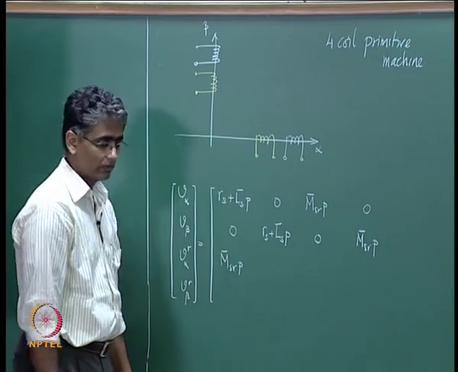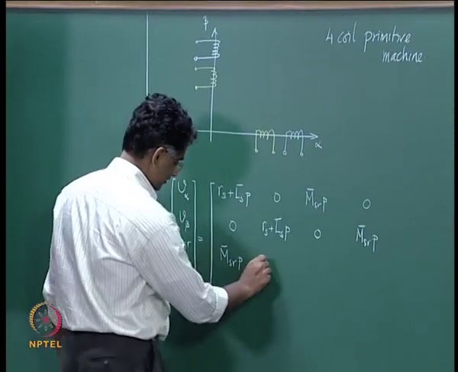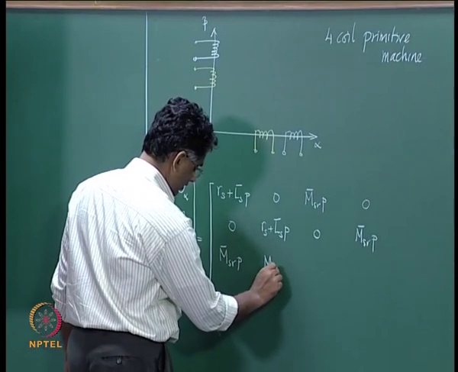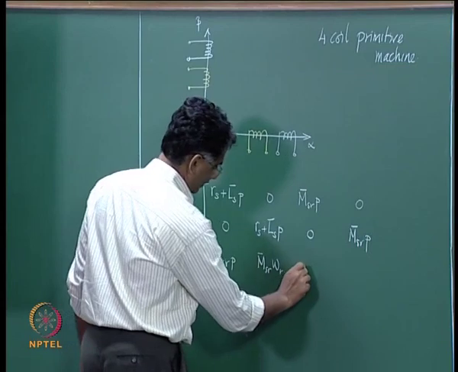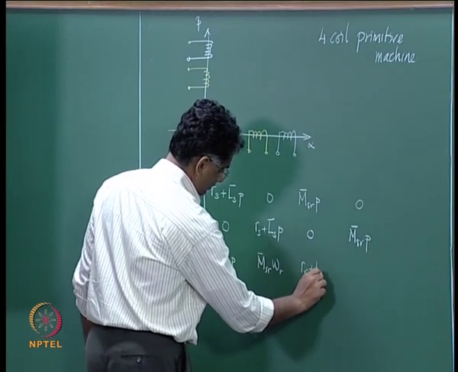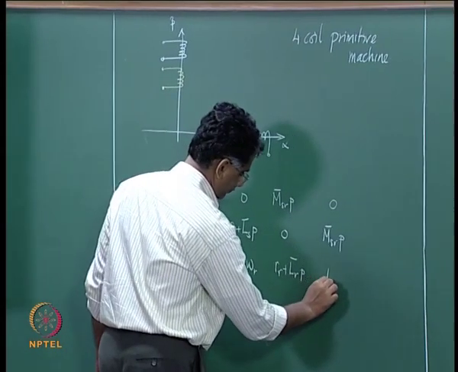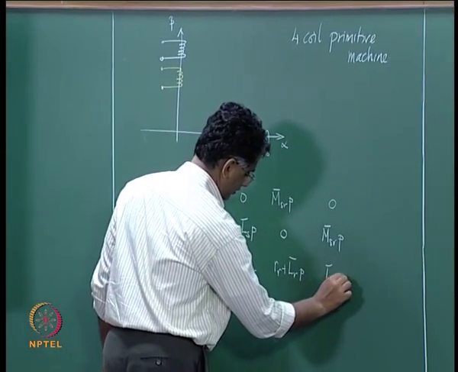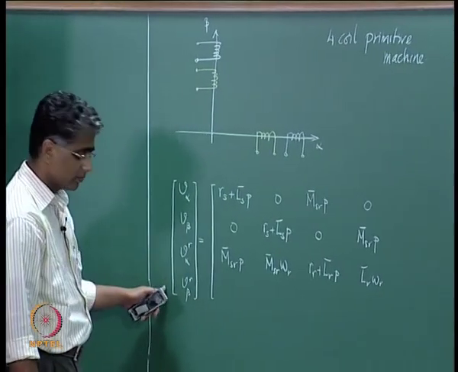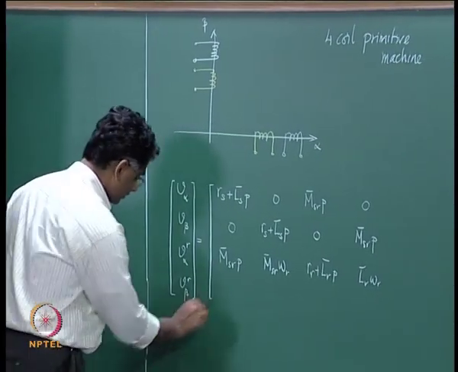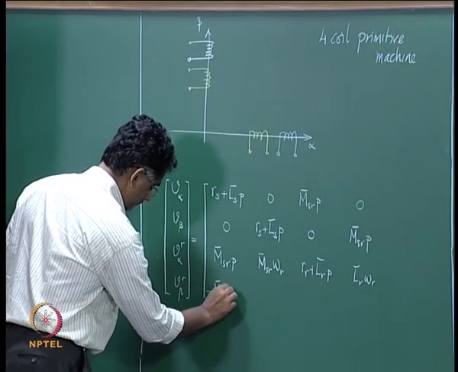This one is however an EMF term that depends on di by dt, that is the transformer EMF, and here you have the speed EMF term, and this is P, and then here again you have a speed EMF term. You will have speed EMF terms in this equation also, but then here the speed EMF terms were found to be negative.